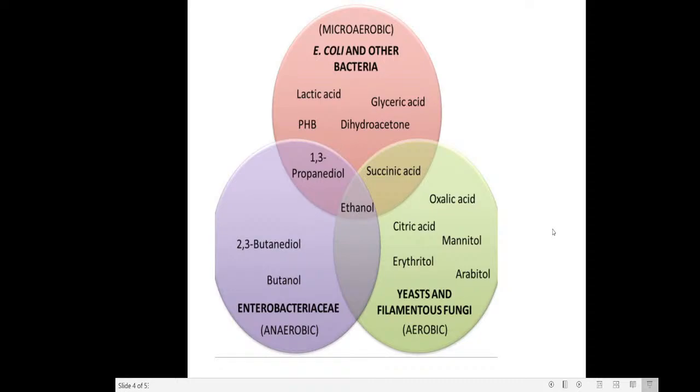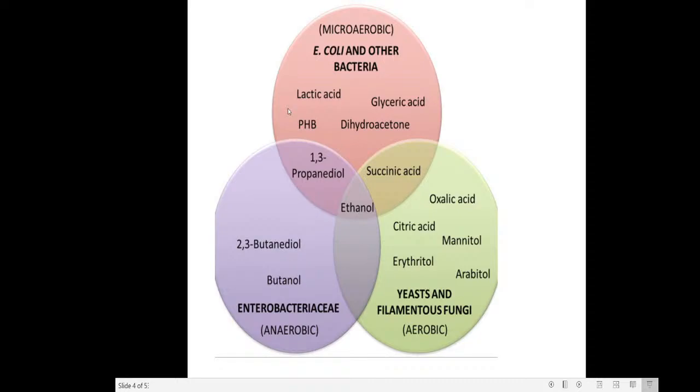Okay, some microbes, this is the first example. Here you can see microbes like E. coli and other bacteria helpful for the production of lactic acid, glyceric acid, PHB (polyhydroxybutyrate), and dihydroxyacetone. For lactic acid, for example, we all know Lactobacillus, which is a bacteria.